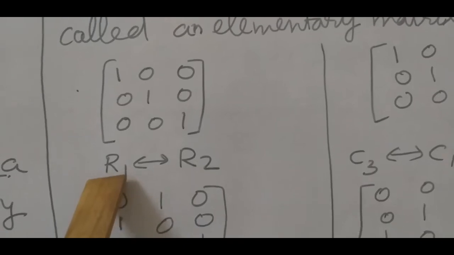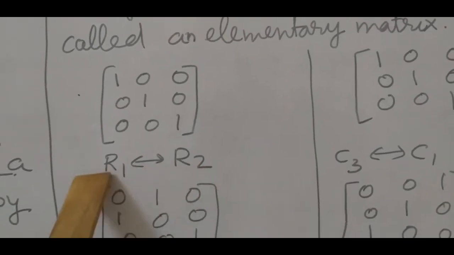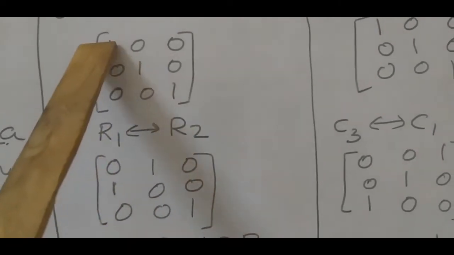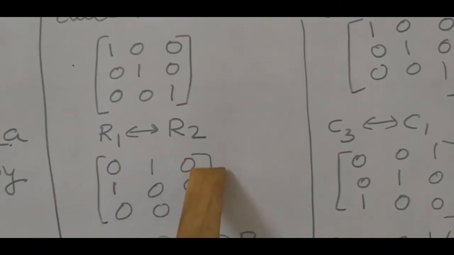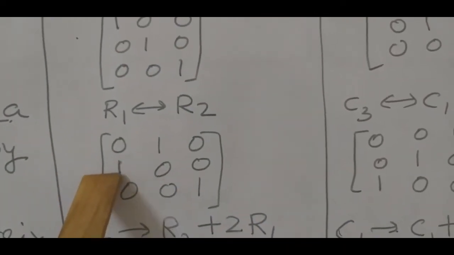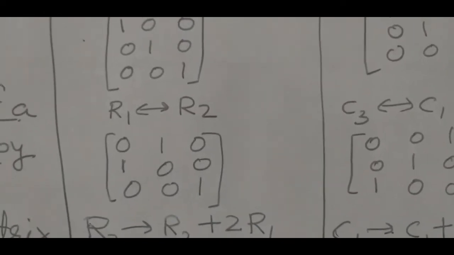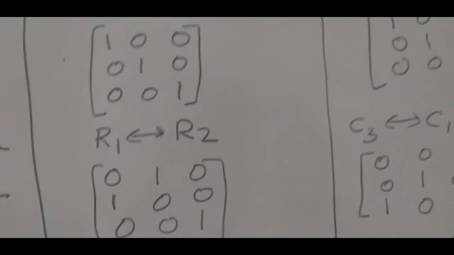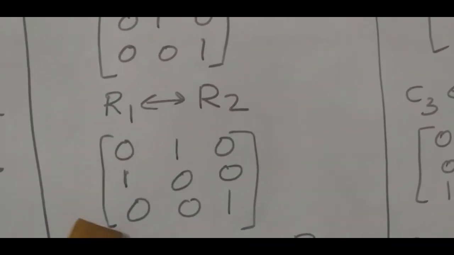I am going to interchange R1 with R2. So at the place of R1, R2 is there, 0, 1, 0. And at the place of R2, R1 is written, 1, 0, 0. Third row will remain as it is. So this is elementary matrix.